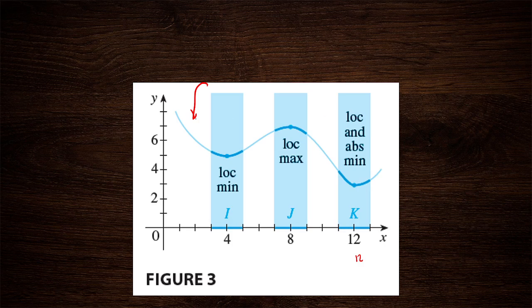The left side is increasing and the right side is increasing, so we could say that at f of 12, you get your absolute minimum, which is at 12.